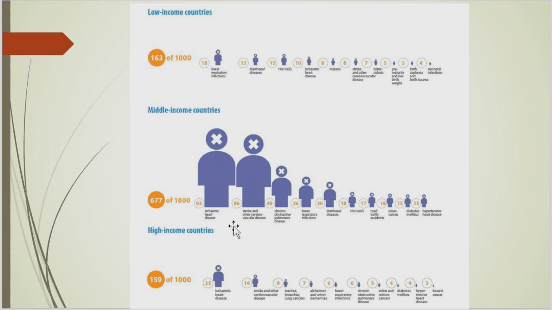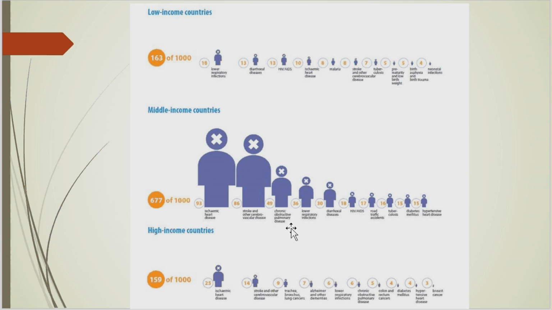In middle-income countries, the biggest cause of death is heart disease, and then strokes, and then chronic obstructive pulmonary disease. So that would be some sort of infection of the bronchial tubes and so on.